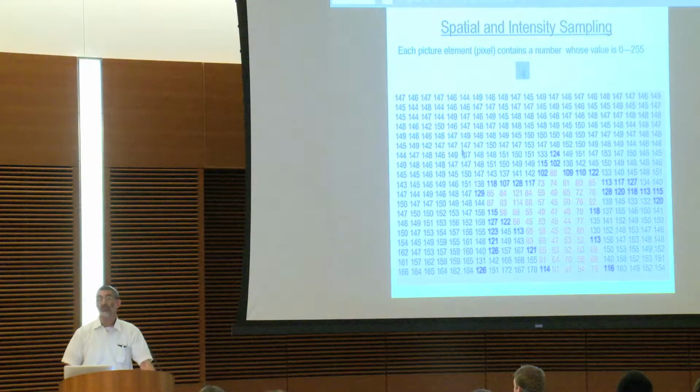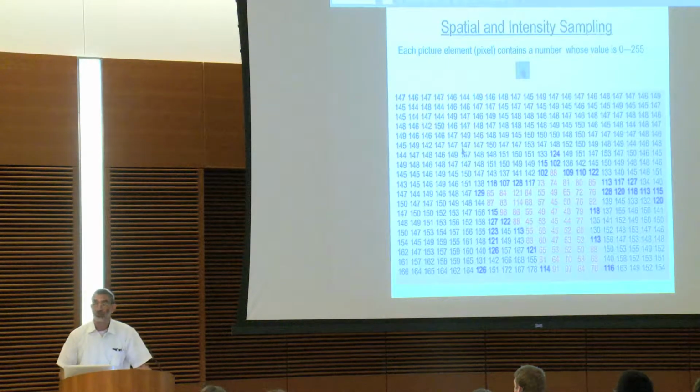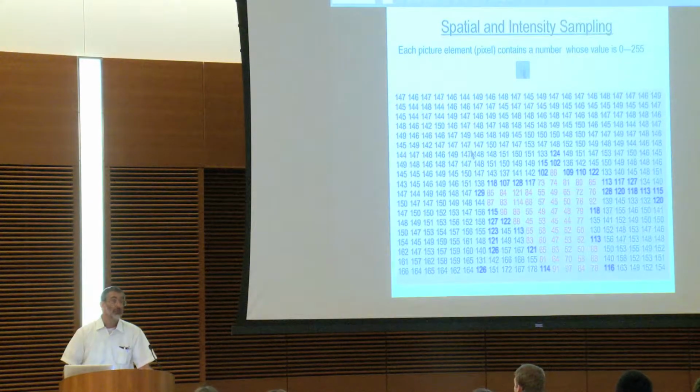If it's a 16-bit image, it's 65,000 something because it's 2 to the 16th. Many of you have cameras that produce 12-bit images, and that's 4095. That's how high you get with powers of 2. But that's the idea: it's spatially sampled, and in this case it's also intensity sampled because these numbers are discrete, they're integers.